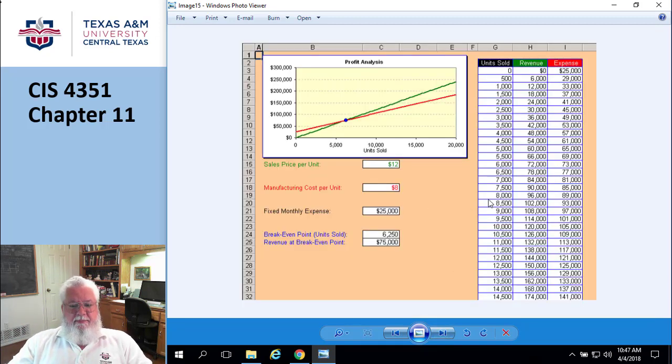This is an example of a profit analysis where this is actually trying to find the break-even point. I'm assuming I'm going to sell this many units, and I'm assuming I'm going to make this much, and here's my expenses per month, and so I'm trying to find the point where the two paths cross. And so you do this kind of analysis and go, well, let's change the sales price to 13, and that little blue dot will move.